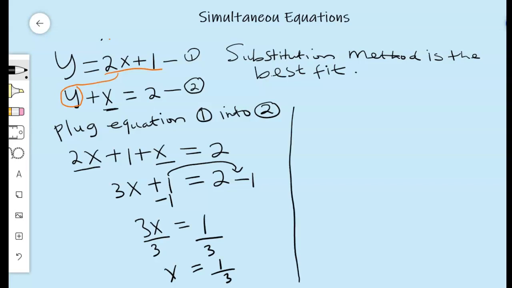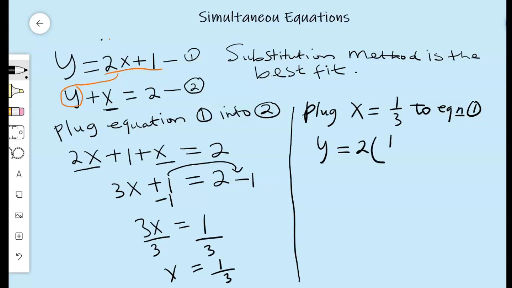Alright, after we got that, then we can plug x equals 1 over 3 into equation 1. So here y is equal to 2 times 1 over 3 plus 1.